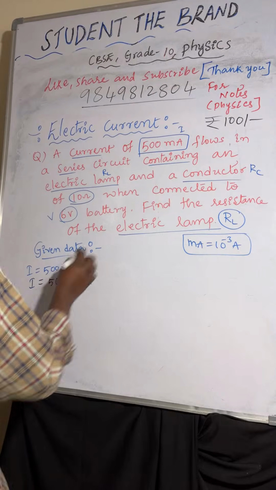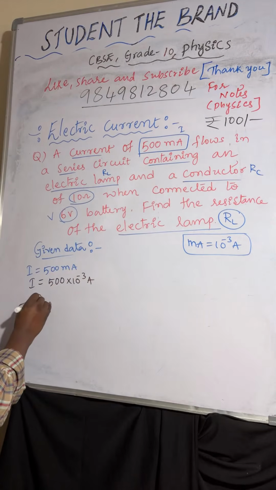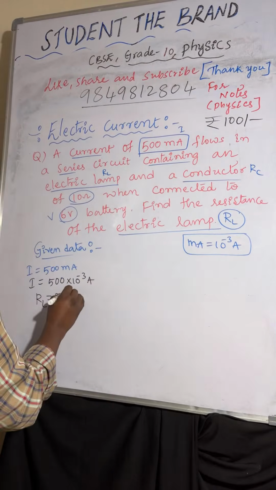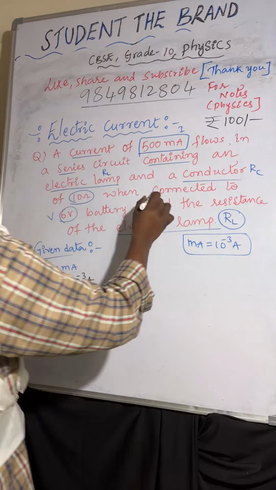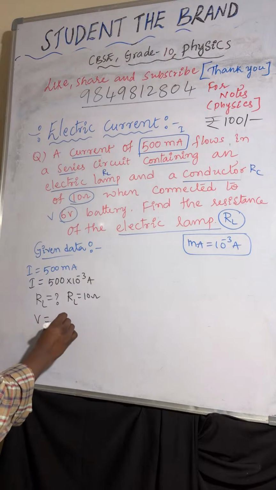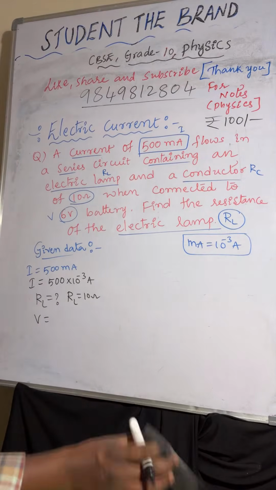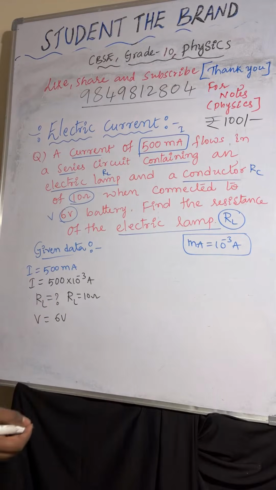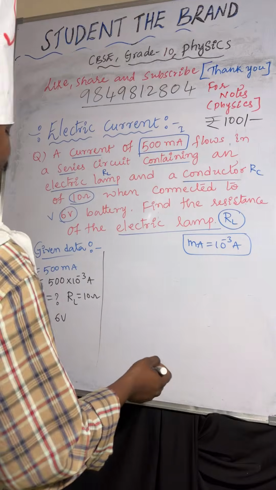So that is current. Coming to the second one, resistance of the lamp, RL, we have to find out. But RC is given, resistance of the conductor: RC equal to 10 ohm. Connected to a battery, the potential difference is given as 6 volts. We know V equal to IR, the basic formula.